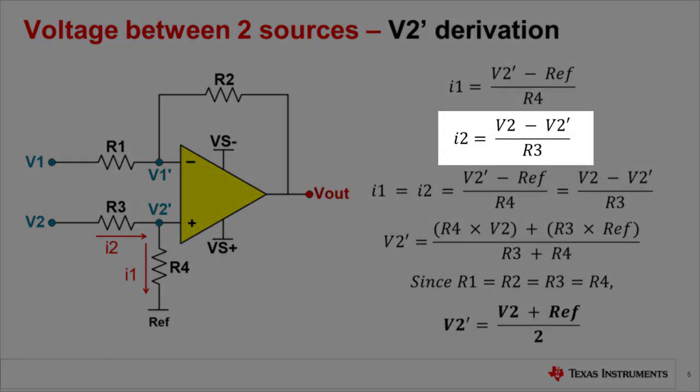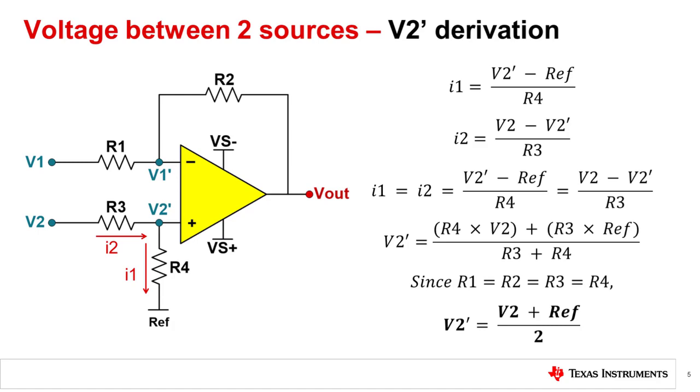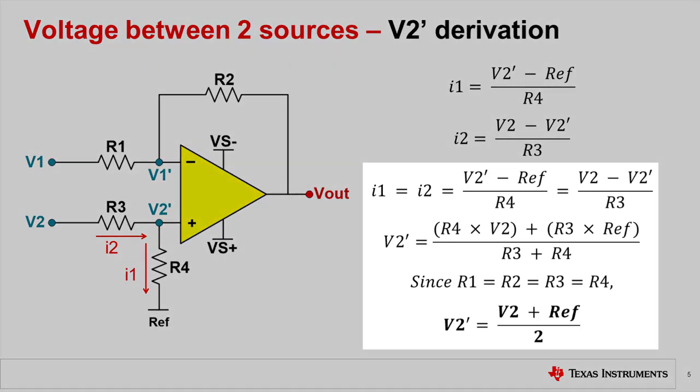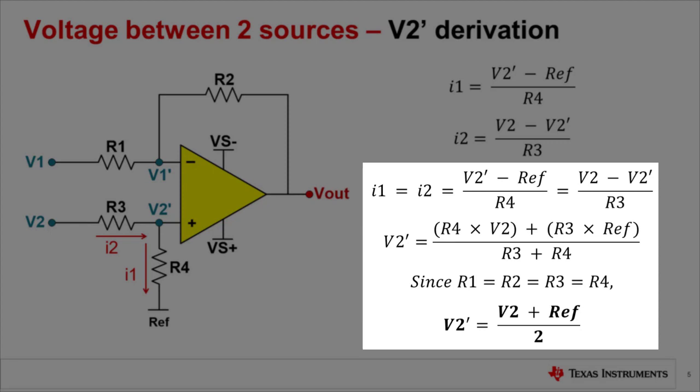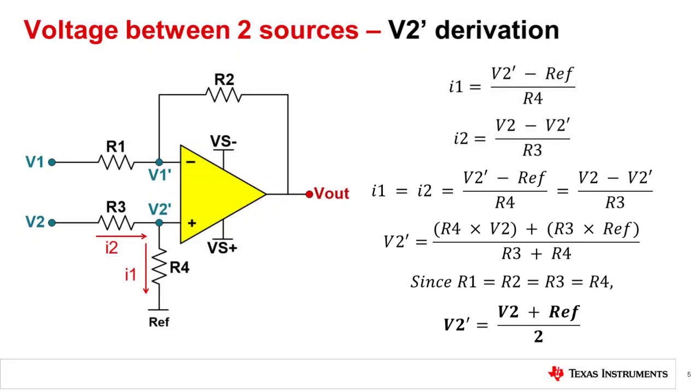I2 is the current flowing through R3 and is defined as V2 minus V2' over R3. Since there is no path for current to take another loop, these currents must be the same. If we set these 2 equations equal to each other and solve for V2', we get V2' is equal to V2 plus ref divided by 2. We will use this equation in the next slide.